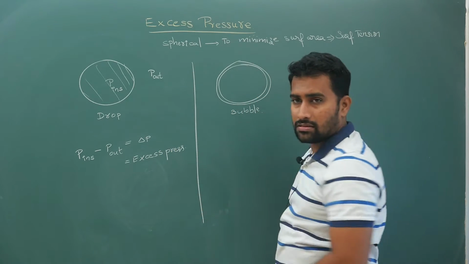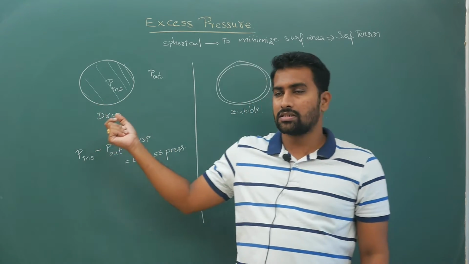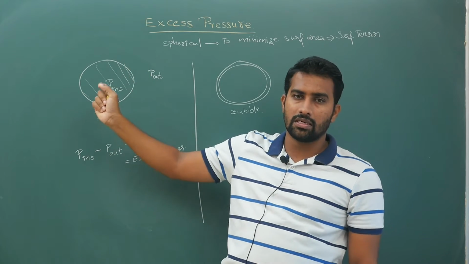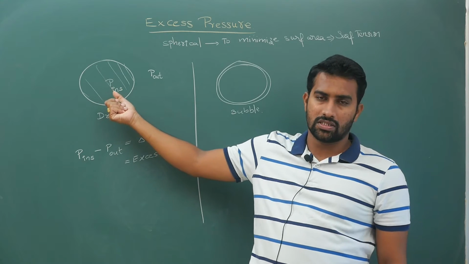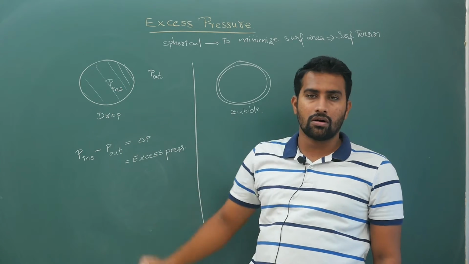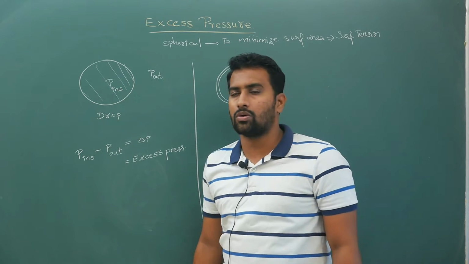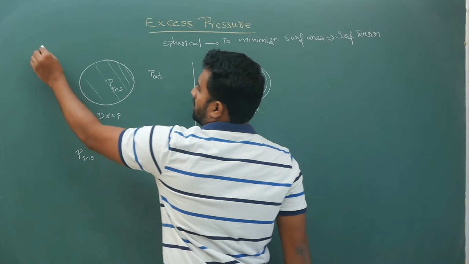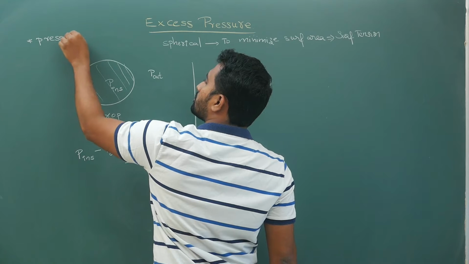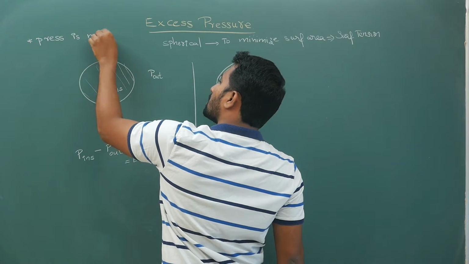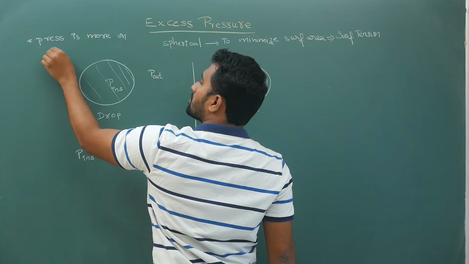Why is this excess pressure? When the area is minimized, more molecules come closer in this region. That is why pressure is more on the concave side. I will write that very clearly: pressure is more on the concave side.